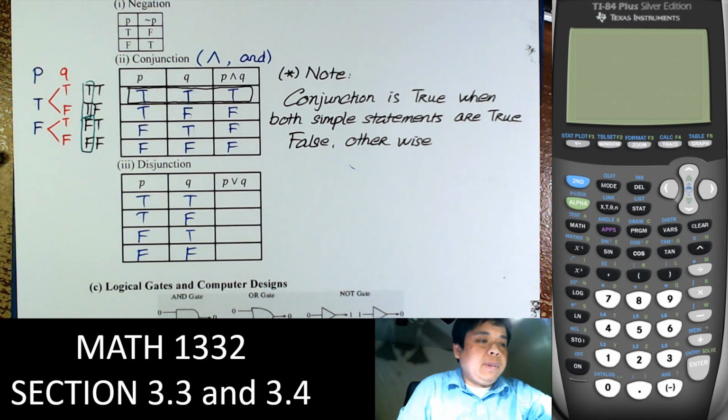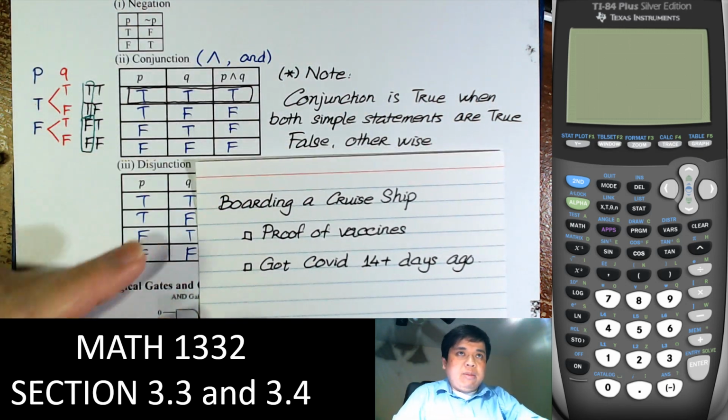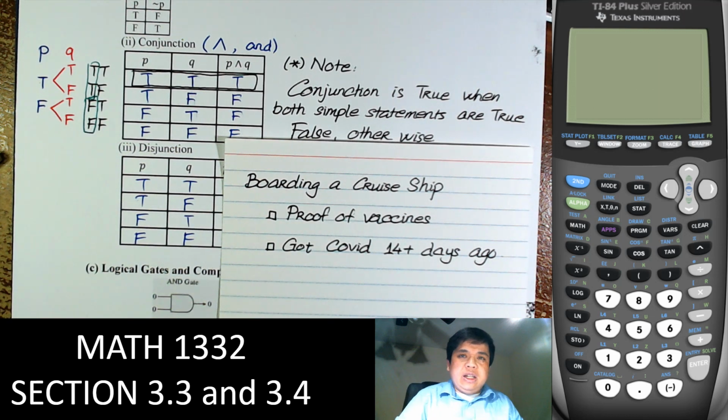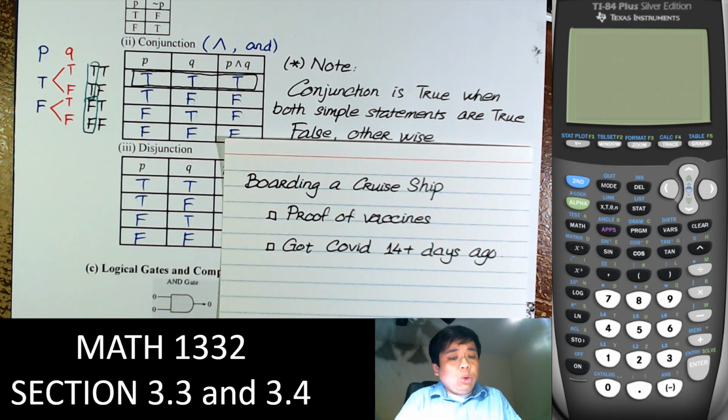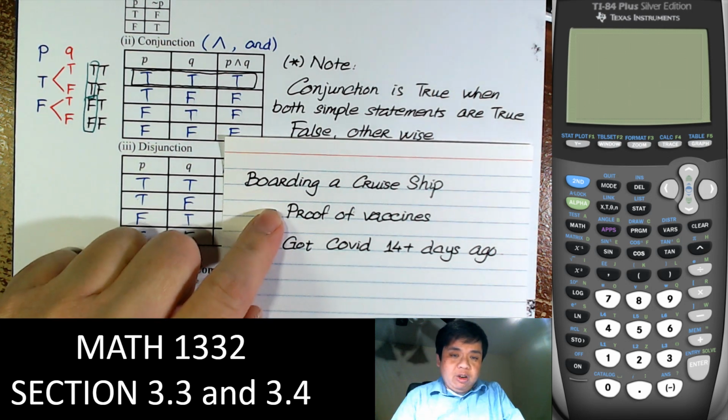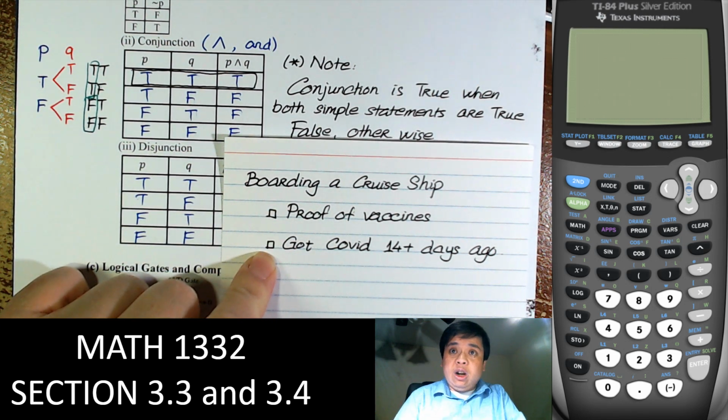Now, I'll give another example here. Let's say a certain cruise ship has this policy: if you want to get on the cruise ship, you have to show proof of vaccination, or you have to have had COVID at least 14 days ago. I just made those up. So in this case, all you need to do is check one box, then you should be able to get on the ship. So you can have the first one, the second, or maybe both.